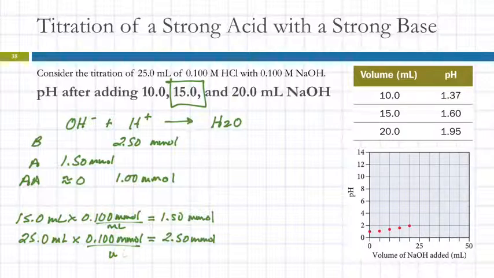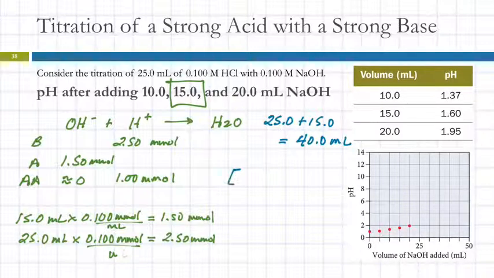To calculate the pH, we need the volume. I might change to a different color so it doesn't get too confusing. My volume here is I started with 25.0 milliliters of the acid, and now I have added 15 milliliters of the base. So I think that's 40 milliliters, right?